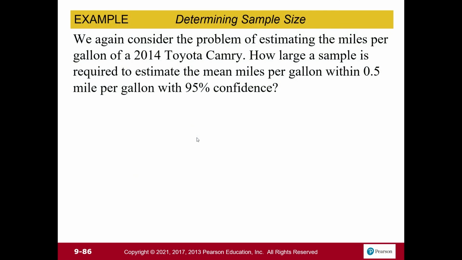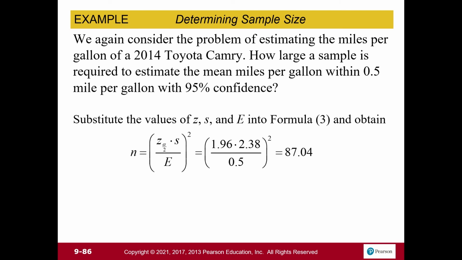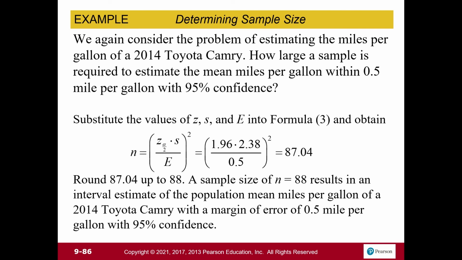All right, let's do a problem here. How large a sample is required to estimate the mean miles per gallon within 0.5 with a 95% confidence? Well, we have all of the values. 95% confidence interval is a 1.96. Notice we're using the standard normal distribution, not the student t-distribution.